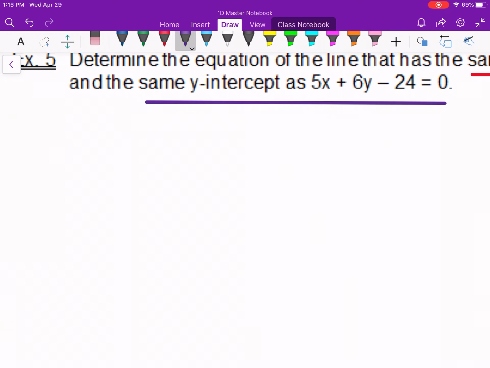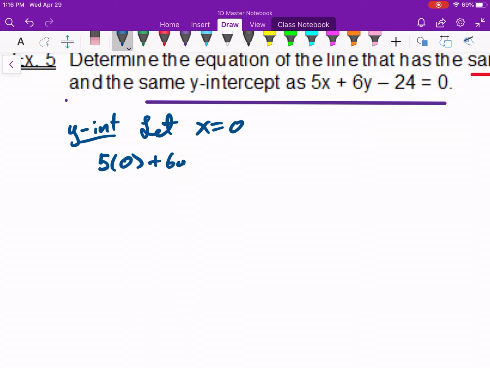If I want to get the y-intercept, then I have to let x equal 0, right? When I do that, I'm going to start with 5, and then I'm going to let x equal 0, plus 6y minus 24 equals 0.